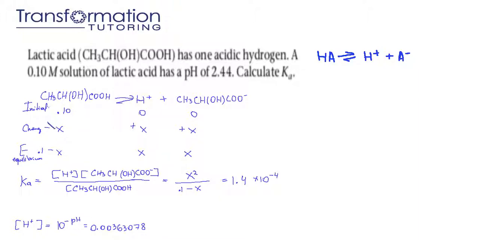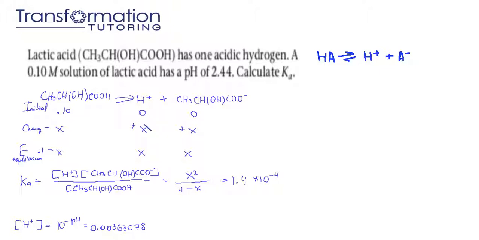As lactic acid dissociates, what is the change? Well, lactic acid will decrease by a certain amount, let's call it X, and H plus will increase by an amount of X, and the conjugate base will increase by X as well. How do we know that this is minus and this is plus? If we start with 0, we cannot have less than 0.